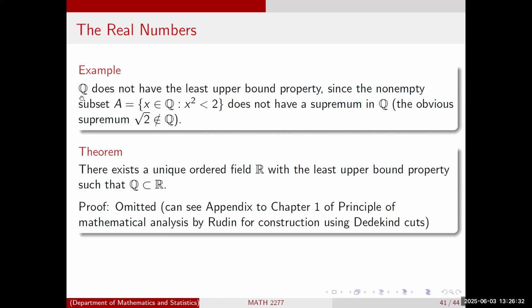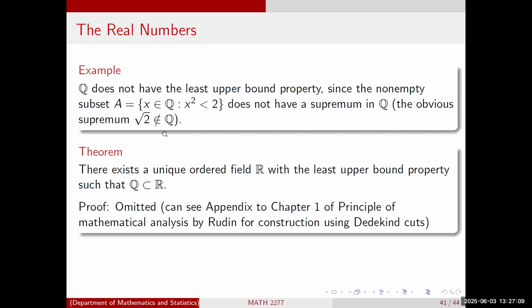So if I ask you, is the rational numbers order complete? You will tell me no, it is not order complete, and you could give me, if you want, this example or many, many other examples. But if you want to, you could give me this example and you could say, here is a set in the rational numbers that is bounded above but does not have a supremum. So I put here, the obvious supremum is square root 2, but that does not belong to the ordered field.